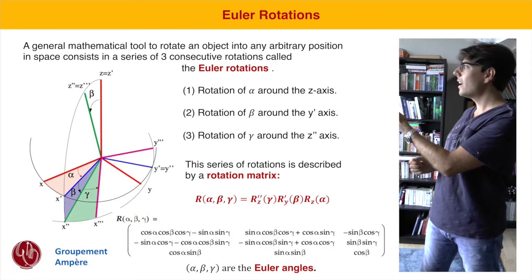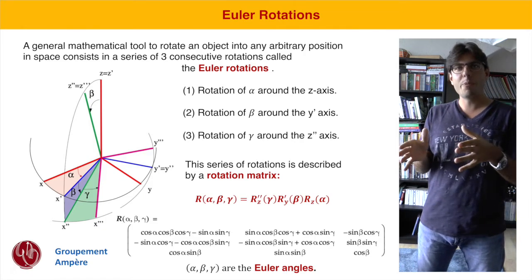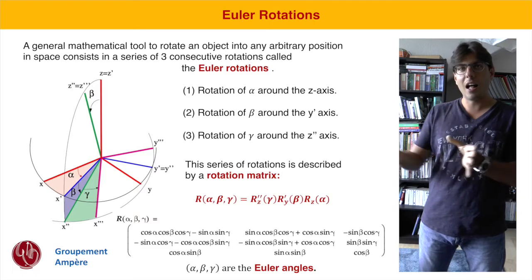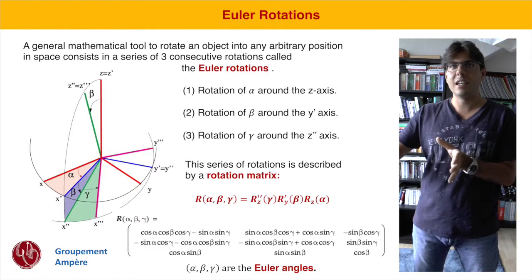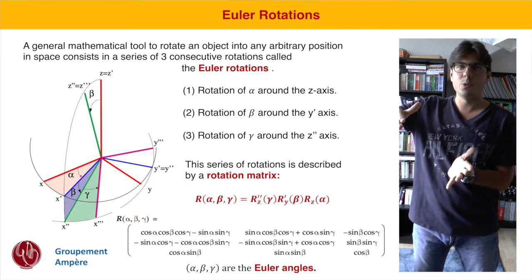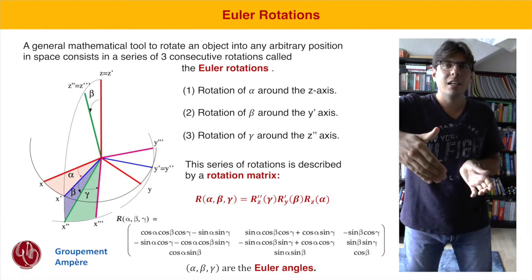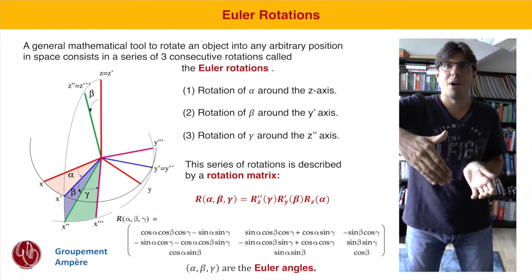The first thing we do is take our object and rotate it by an angle alpha around our z-axis. We then rotate by an angle beta about our new y-prime axis. And in the end, we rotate by an angle gamma around our new z-prime axis.